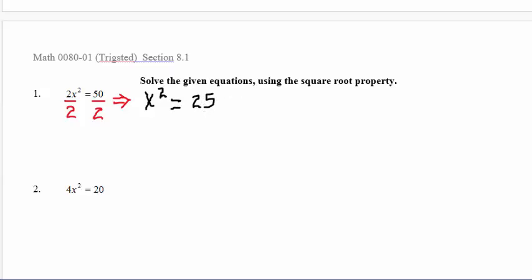Now what I want to point out is that this exponent of 2, which I'm going to put in blue, when I lose this exponent of 2 on the x, in place of that I get a plus or minus square root applied to whatever's on the other side.